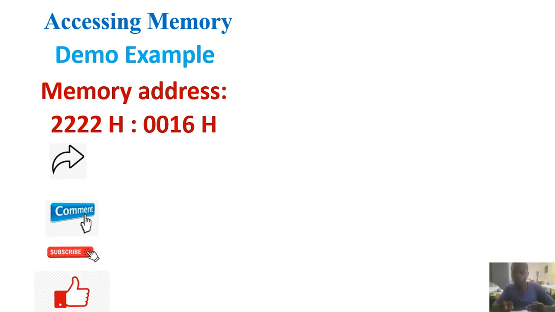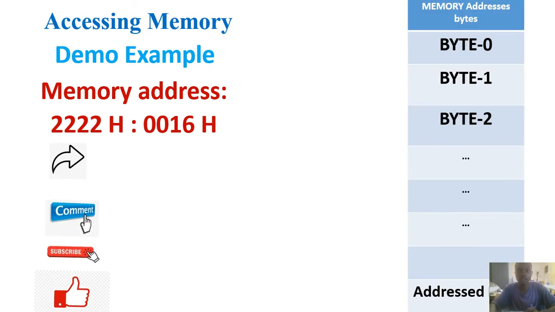Why did I prepare such an illustration? The one that I'm going to show you, so that you just understand it, you know it, you will reproduce it anywhere, or you can apply it anywhere where it applies. So here are our memory addresses in sizes of bytes. Then we have byte 0, byte 1, and so forth.